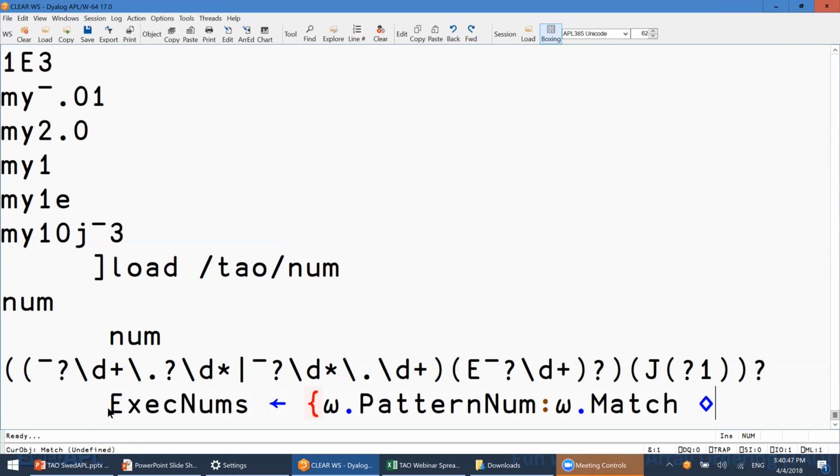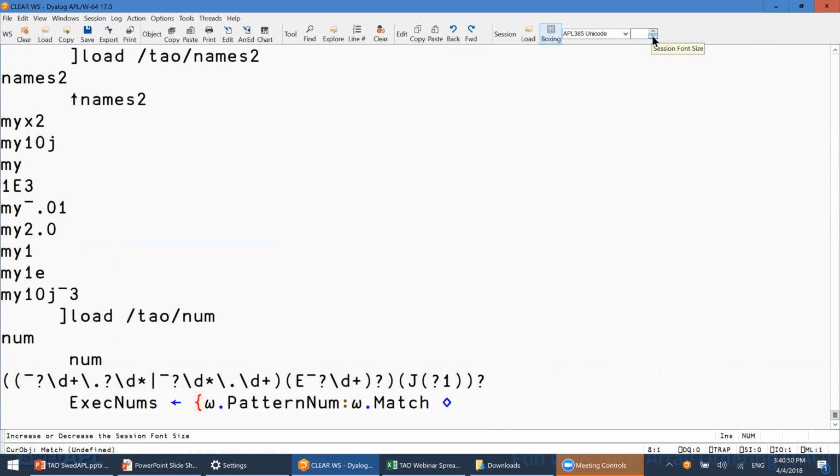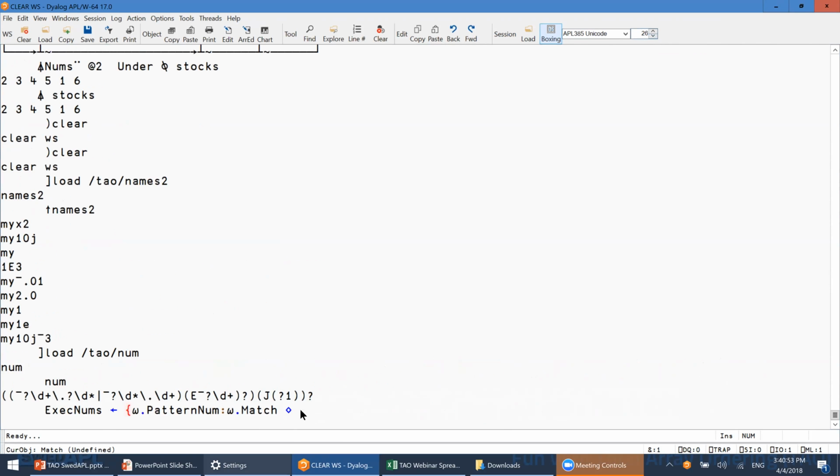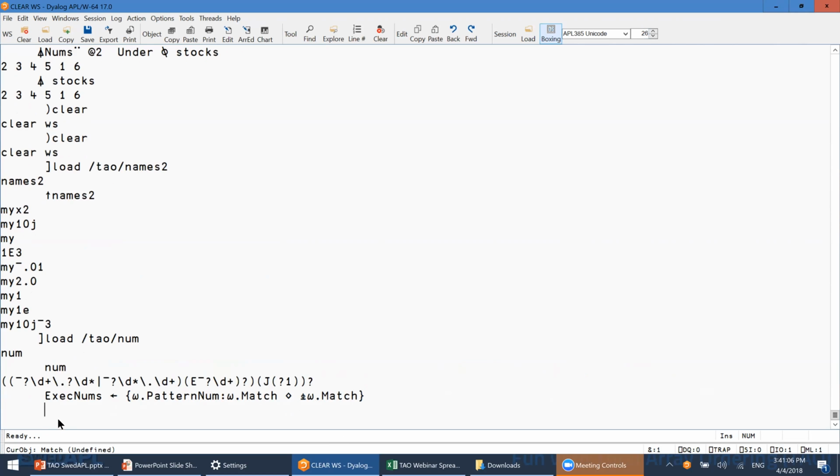We leave the match the way it is, and let's go back to a more readable font size here. But if pattern num is a 0, that will indicate that it is a number, and so then we're going to convert it to a number by executing it. So we'll try that in a moment.